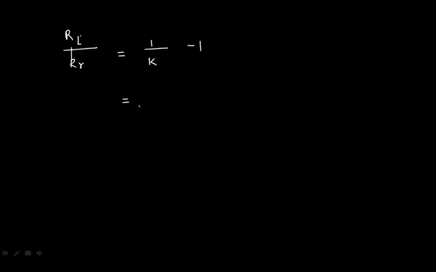You know K we have already calculated, that is 1 by 0.625 minus 1. So RL by RR is this value. If you calculate it properly, you can get this value as 0.6.